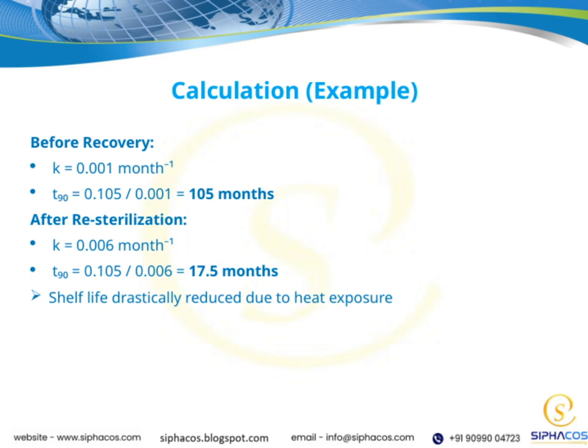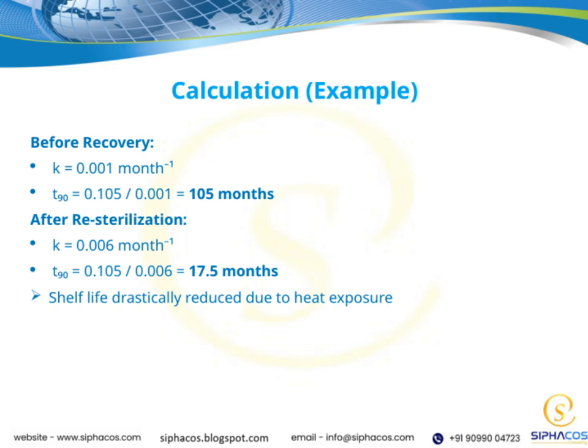When we do the same calculation, 0.105 divided by 0.006, we get approximately 17.5 months. That's a significant decrease in shelf life. The key takeaway here is that heat exposure during re-sterilization markedly accelerates the sterilization process, drastically reducing the product's shelf life.